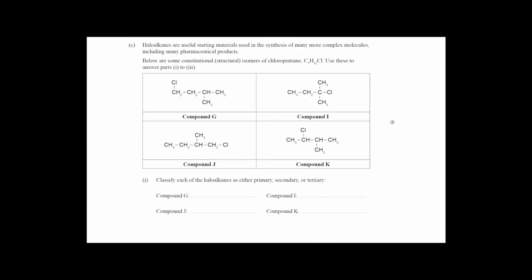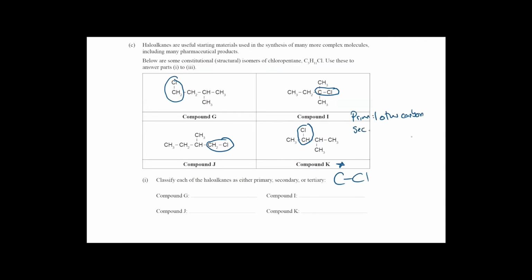Now the thing that makes the haloalkane is the CCl bond here. So that one there, this one here, this one here, and this one here. So a primary is when this carbon is linked to one other carbon.